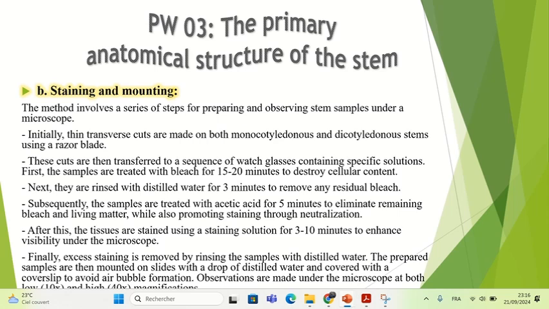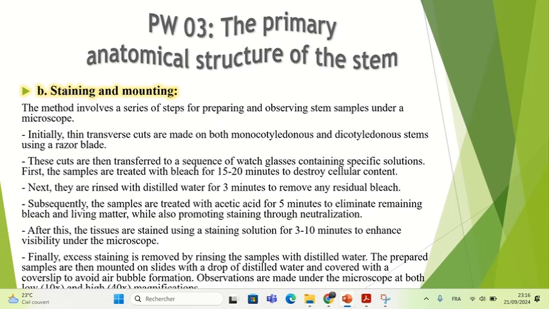First, the samples are treated with bleach for 15 to 20 minutes to destroy cellular content. Next, they are rinsed with distilled water for 3 minutes to remove any residual bleach. Subsequently, the samples are treated with acetic acid for 5 minutes to eliminate remaining bleach and leftover matter, while also promoting staining through neutralization.